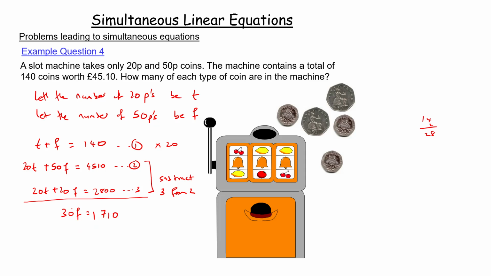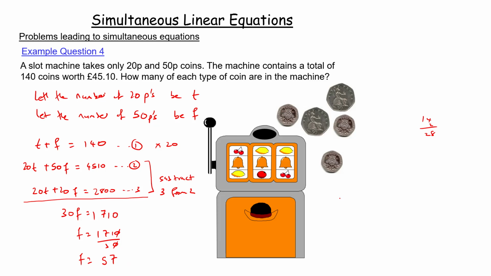Now the zeros on each side can cancel. Well, I tell you what, let's just do it properly. F is equal to 1,710 divided by 30. So the zeros cancel. And if we divide that, we get F is equal to 3 into 15, so 5, carry 2, 57. So the number of 50s is 57.